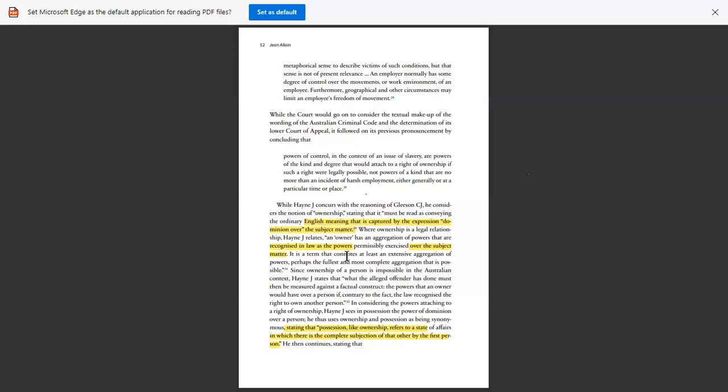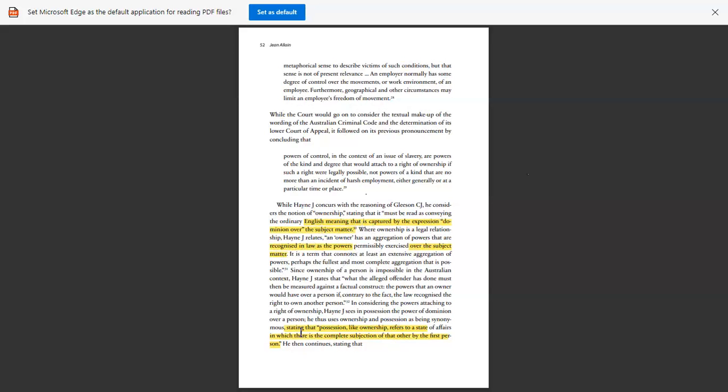And we know that only royalty or a sovereign has subjects. So it's interesting here that somehow, by using terms of art and legal terms, there is a dominion over the subject matter, and the subject can be he who signed on a dotted line. So again, recognized in law as the powers over subjects, subject matter.